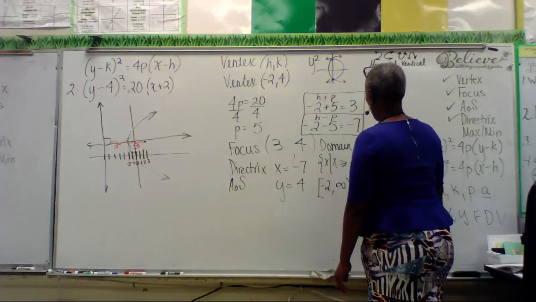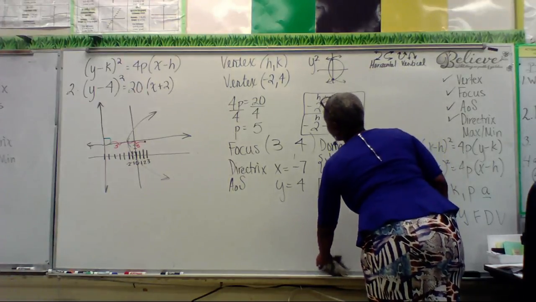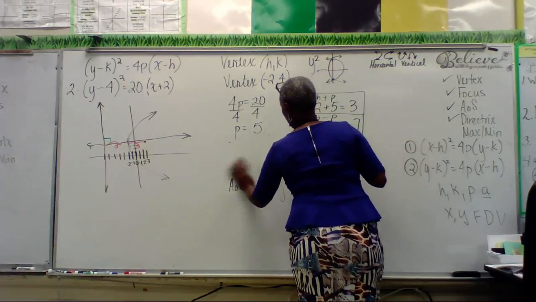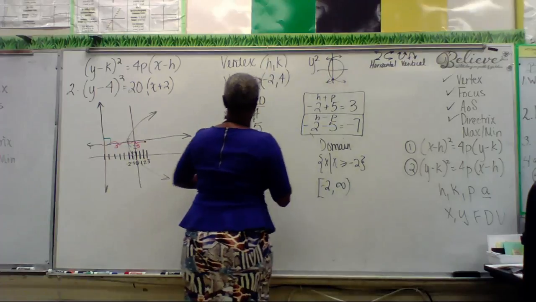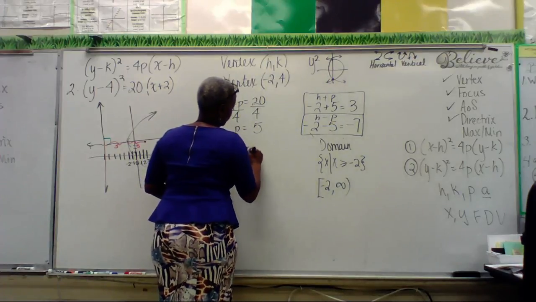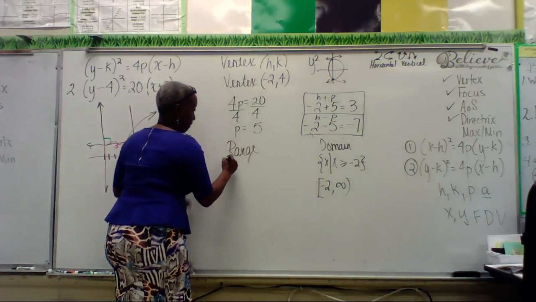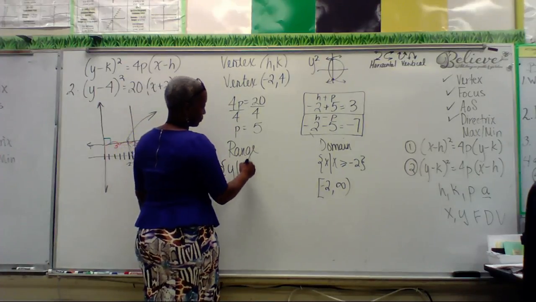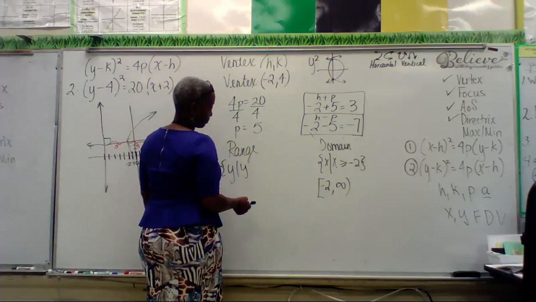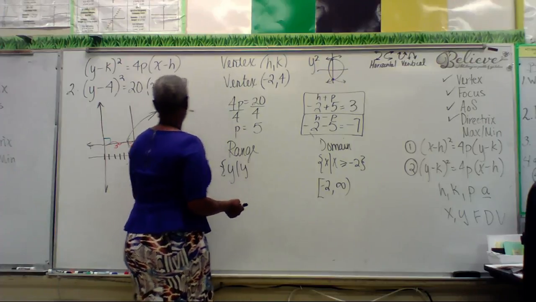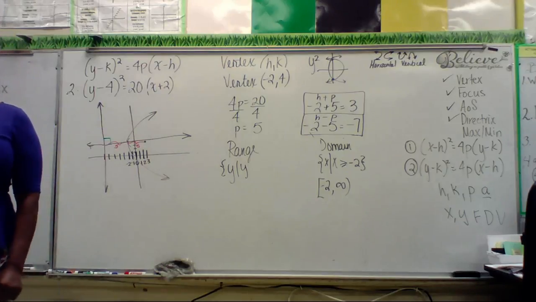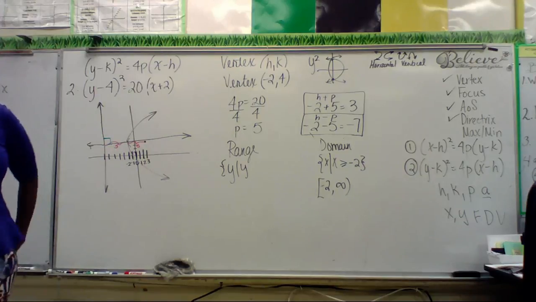Okay, now how do we write the range? I'm going to have to erase this information to write the range beside. How do we write the range? Come on, y'all. Y such that Y is greater than or equal to what?